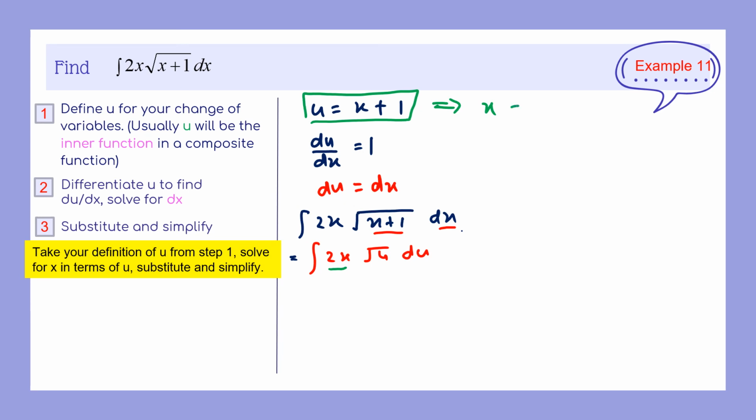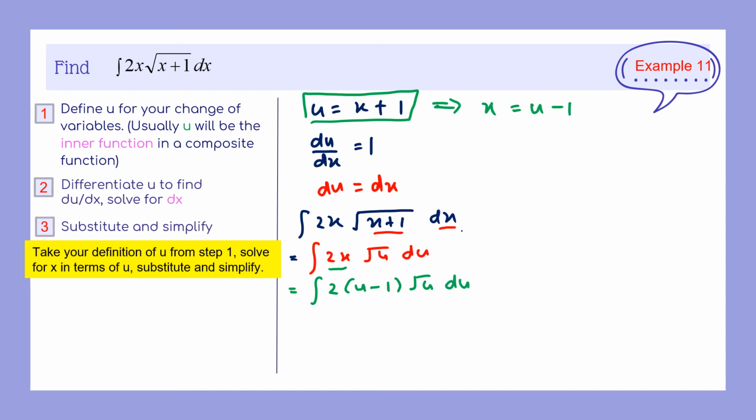So then we get u minus 1. So x is u minus 1. We substitute into integrate 2x sub u du. So we get integrate 2 u minus 1 sub u du.